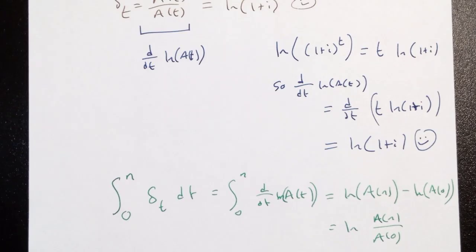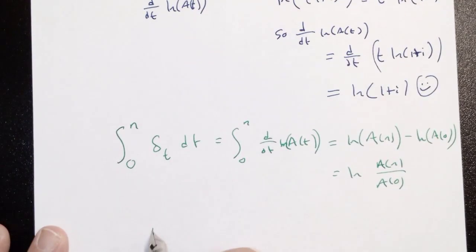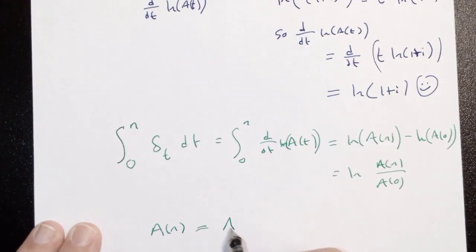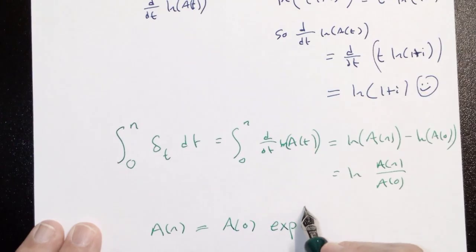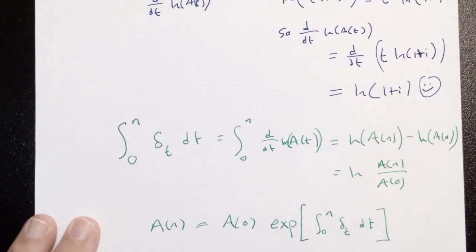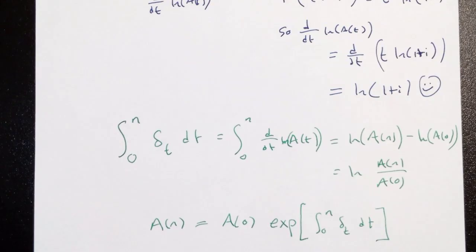So this measures my growth relative to my principal logarithmically. Which means another way to write this is that A of n is A0 times the exponential of this integral. And that is my future value.